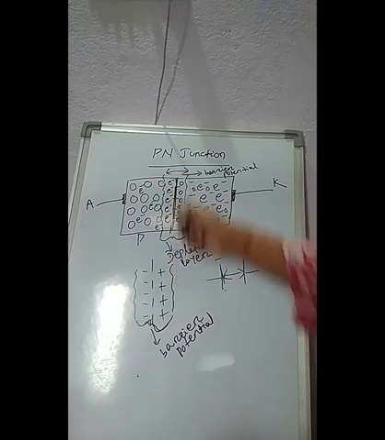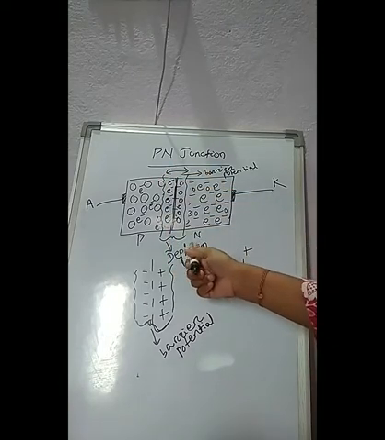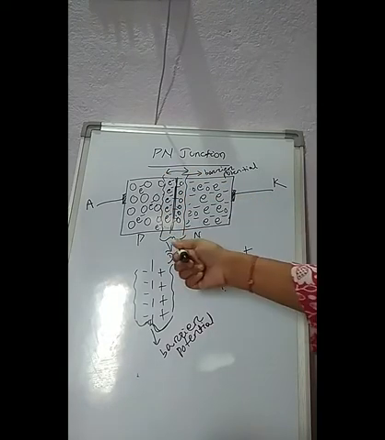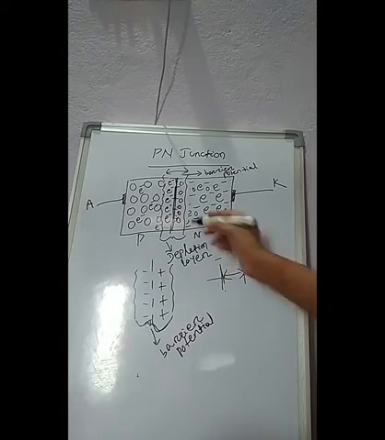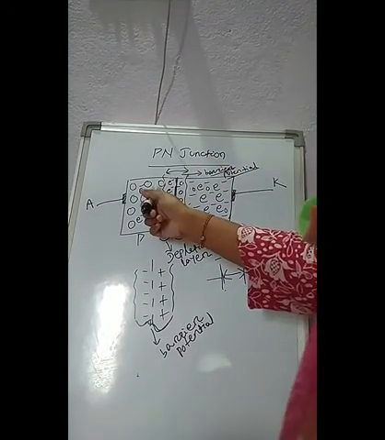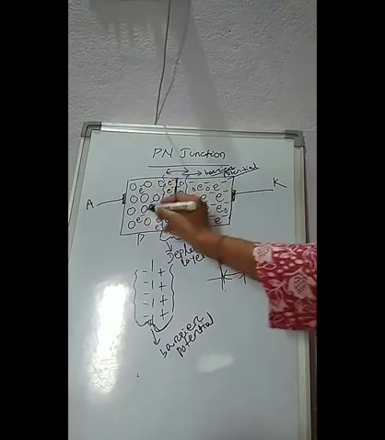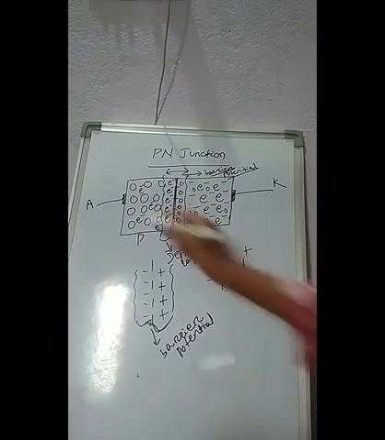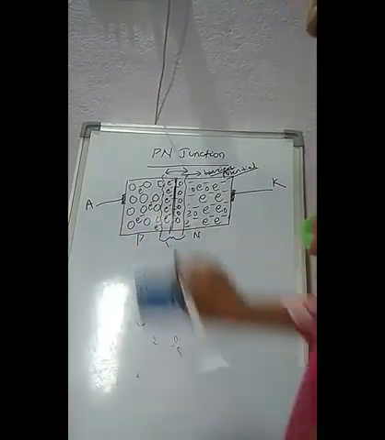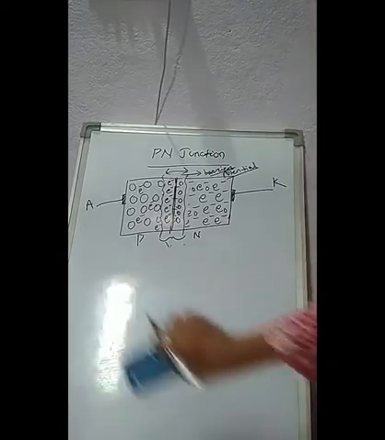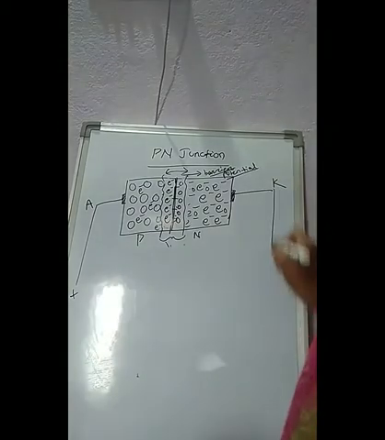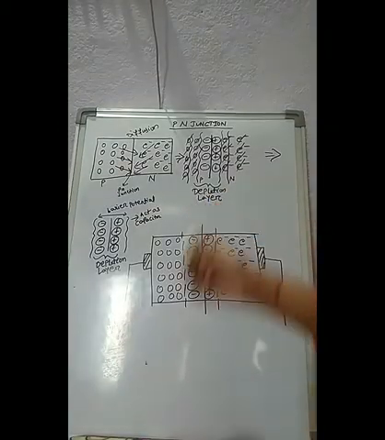After that, one layer forms. This layer is known as the depletion layer, and the potential of this depletion layer is the barrier potential. When this barrier potential is greater, there is no further diffusion. Then we need to apply some external source after the formation of the depletion layer.